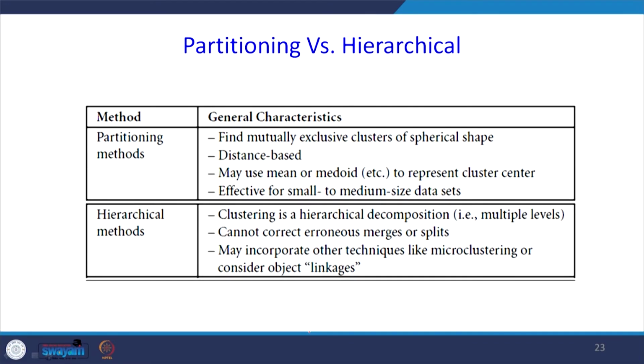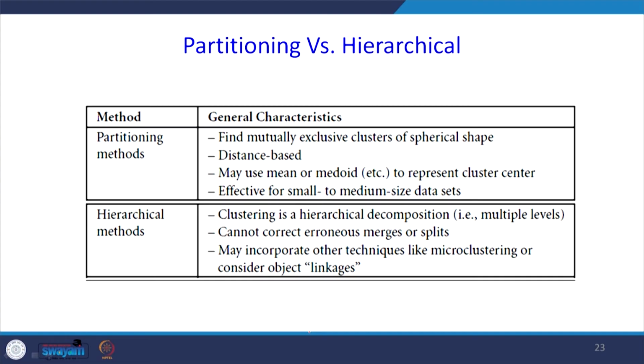Now, let us compare the partitioning clustering algorithm versus the hierarchical clustering algorithm. First, we will see the partitioning methods. What are the general characteristics? The k-means algorithm is a partitioning method. It finds mutually exclusive clusters of spherical shape.